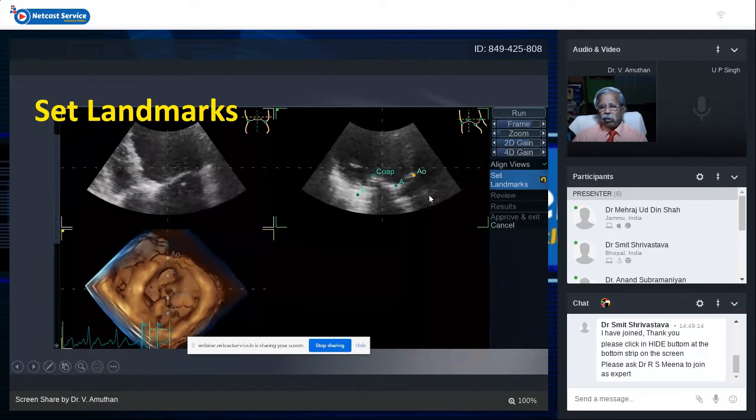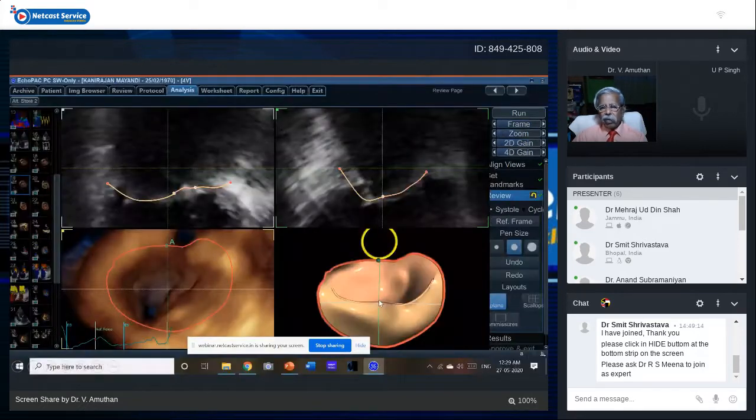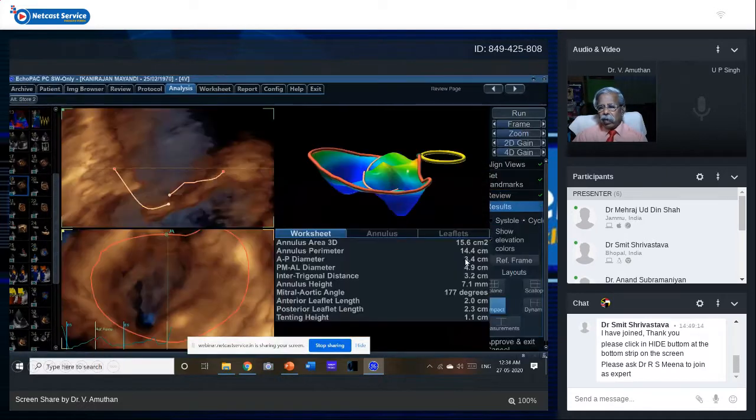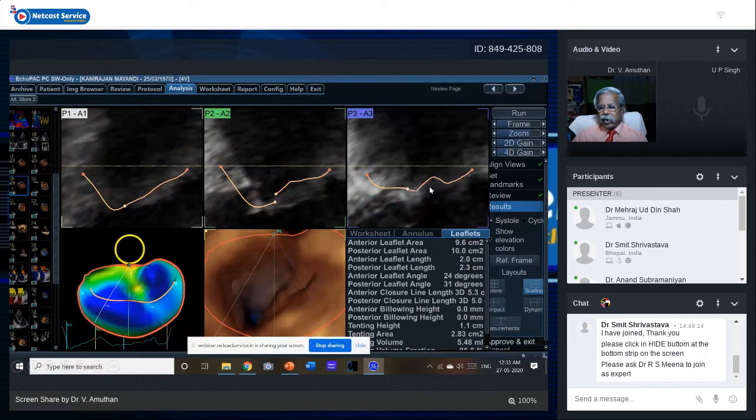Only these points are required, and then you have the projection. You can adjust these points, and then you have the software-derived mitral valve apparatus data, which can be projected.